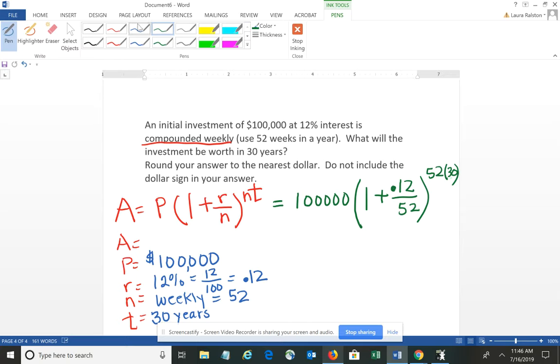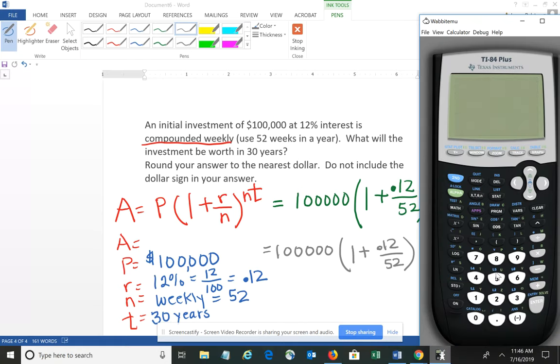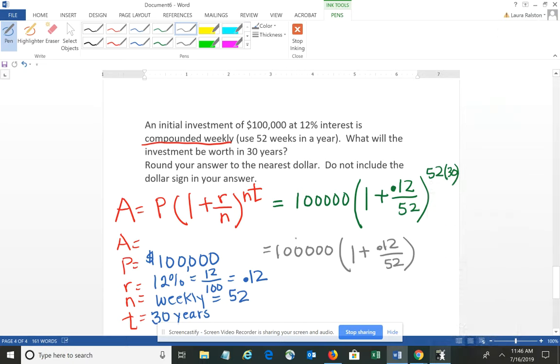And then I'm going to begin the walkthrough on my calculator. So I would have 100,000 times 1 plus 0.12 divided by 52. And I need to do 52 times 30 to get my exponent. 52 times 30 is 1,560.